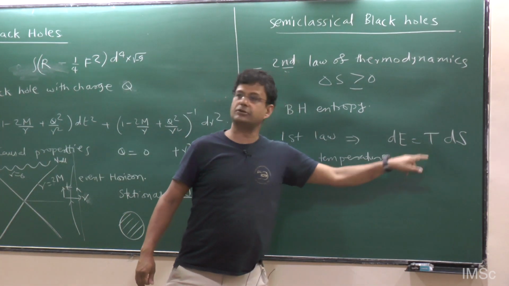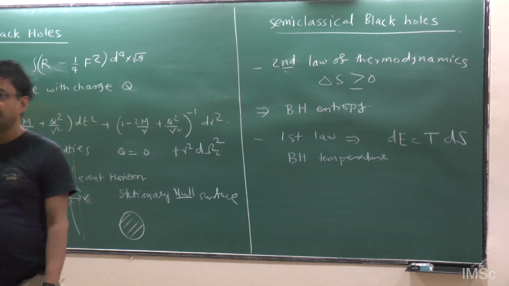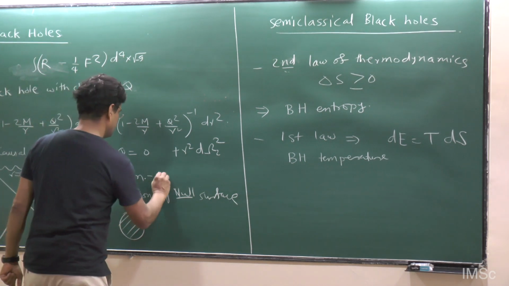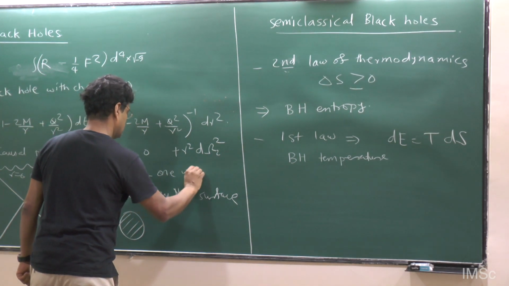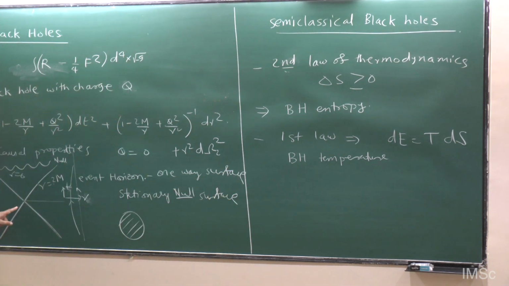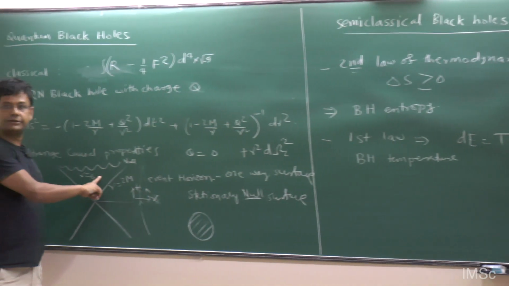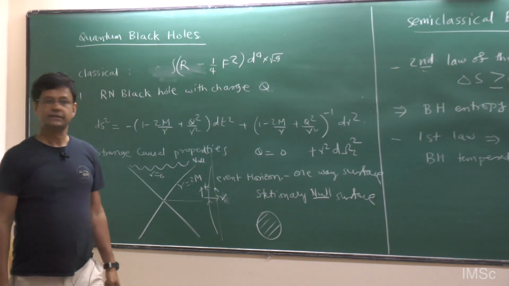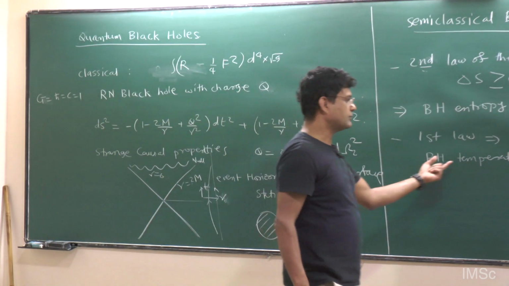If it has entropy, then it also must have temperature. But since an event horizon is a one-way surface, because it's stationary and null, once you cross the event horizon, you cannot escape to infinity because you cannot travel faster than the speed of light. So how can a black hole have temperature?